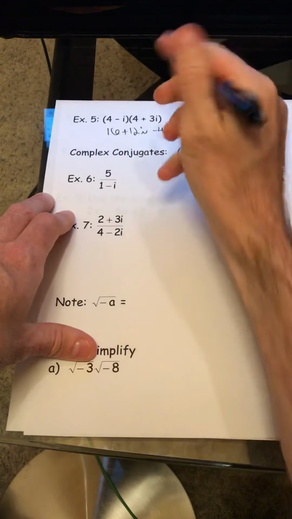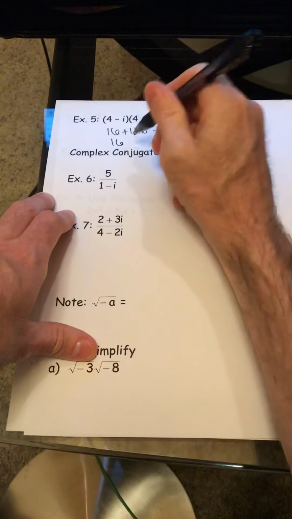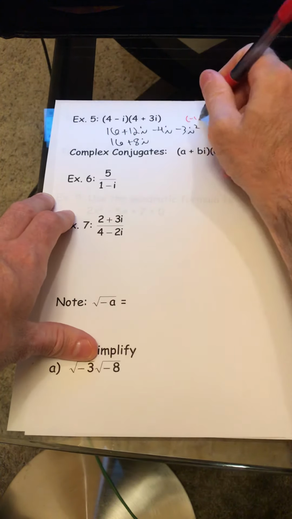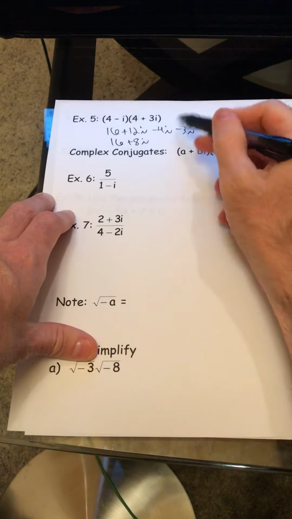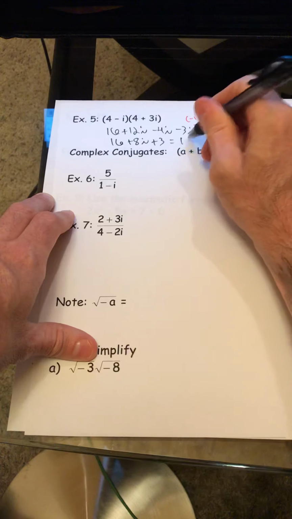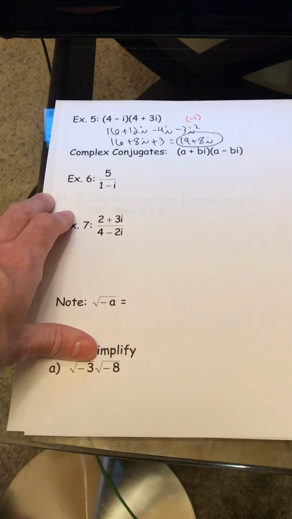Use as many steps as you need: 12i minus 4i is 8i. Keeping in mind i squared is -1, that becomes +3, and then 19 plus 8i.